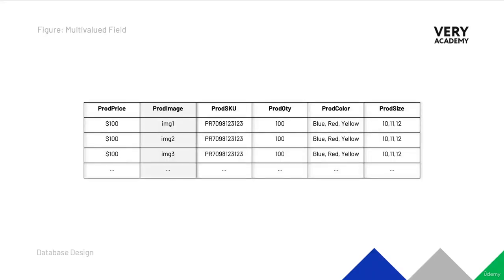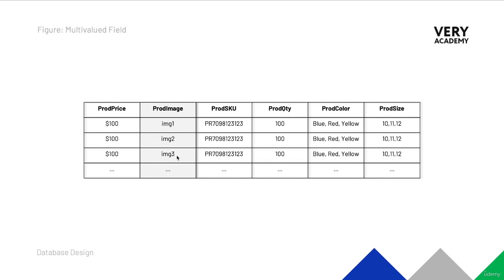So the first approach to resolving this is that we can add those fields into multiple lines. So we just simply duplicate the data, and for each entry within our database, we just change the product image. So what we have is the same product in our product line 3 times, but here you can see the data is slightly different in the product image.